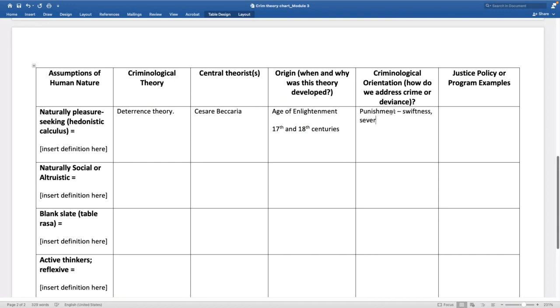There is the swiftness, severity, and certainty of punishment. Okay, I'm not going to go over what each element means, so make sure you do read your book. And then some examples offered by your textbook as well are fines for speeding. I believe another one would be a minimum prison sentence.